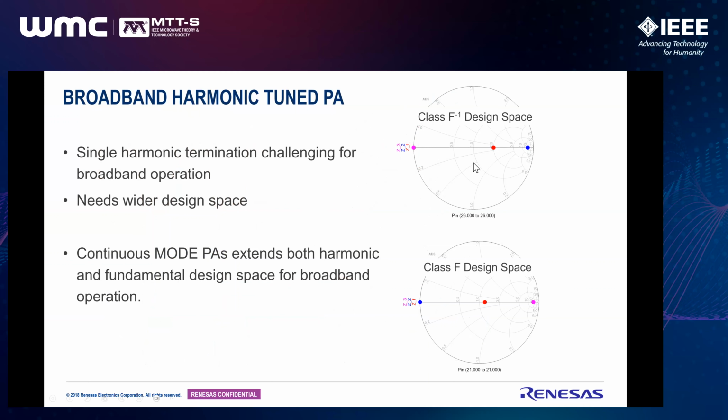But what is being shaped here is the drain voltage; to find a mathematical solution, it takes some reactive components for the fundamental and a reactive component for the second harmonic drain voltage. So that's how it shapes the voltage.